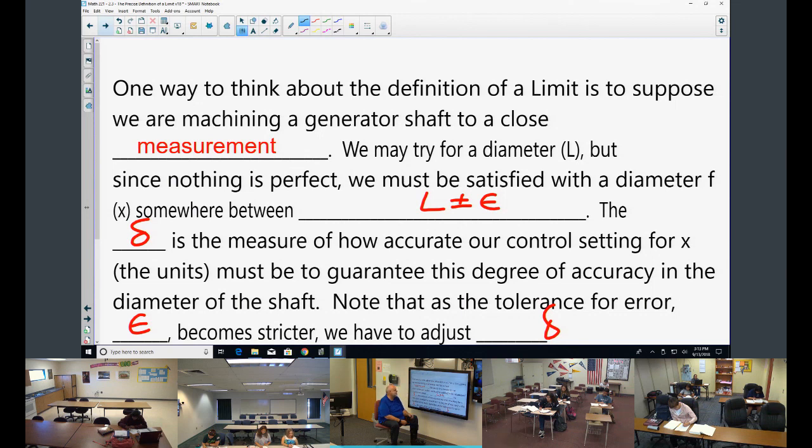The delta is the measure of how accurate our control setting for x must be, to guarantee this degree of accuracy in the diameter of the shaft. Note that as the tolerance for error, epsilon, becomes stricter, we have to adjust delta. Okay, so how much error we allow, that's the tolerance.